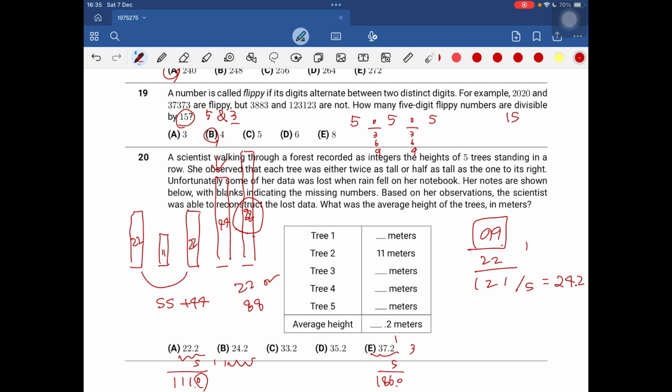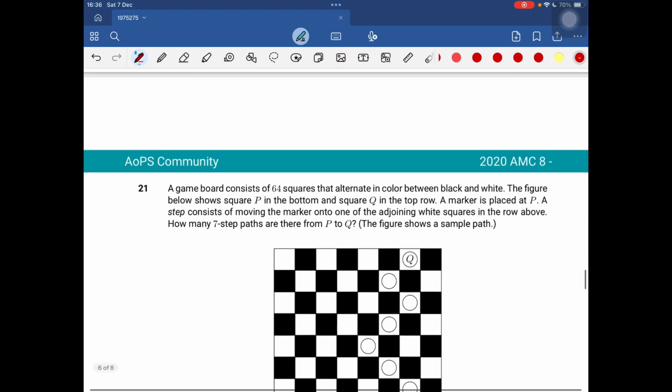Okay, and let's say 99 plus 88, 187, and divide by 5, this is 37.2. So this cannot be. So we have only 24.2.